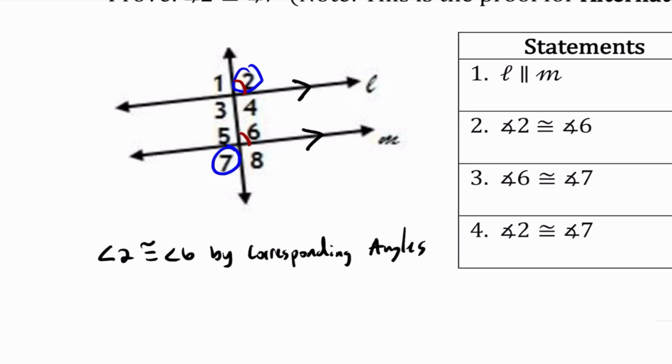What else do I notice? Well, I see that angle 6 and angle 7 are congruent. And why are they congruent? Well, we have two lines that intersect each other, and the angles across from each other are congruent. They are vertical angles. So angle 6 is congruent to angle 7 by vertical angles.